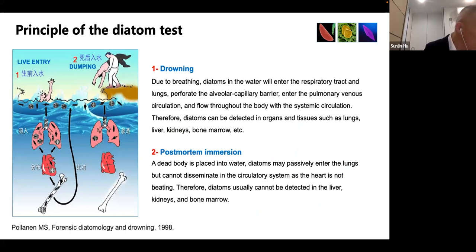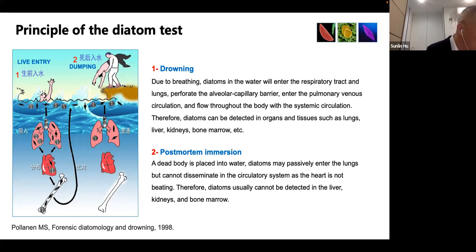This picture shows the principle of the diatom test. Under circumstance 1, that is drowning, due to breathing, diatoms in the water will enter the respiratory tract and lungs, penetrate through the alveolar capillary barrier, enter the blood, and flow throughout the body with the systemic circulation.